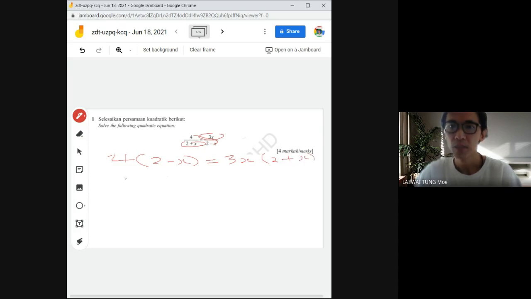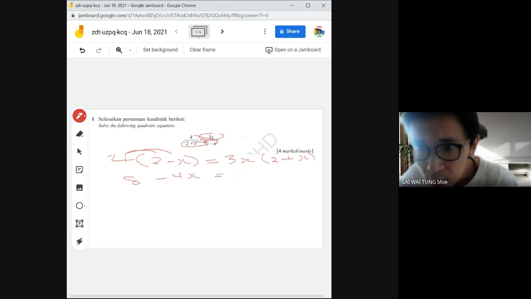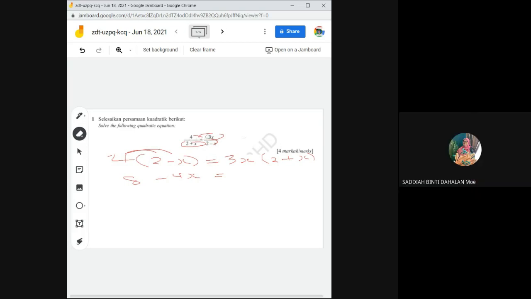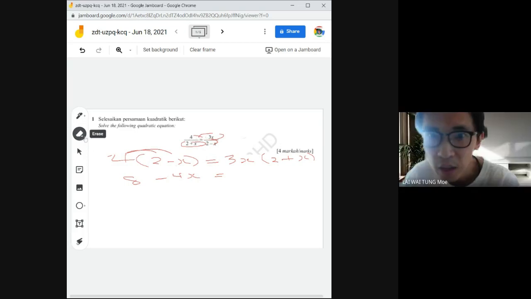Okay, so after that, just expand your answer. 4 times 2, 4 times x. So you get here 8 minus 4x equals to... is this 3 negative or not? This number 3 in the question doesn't have a negative.